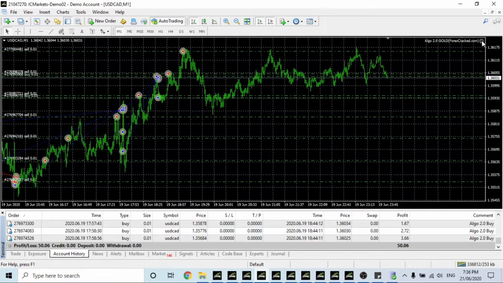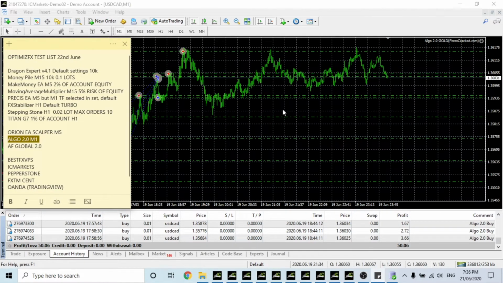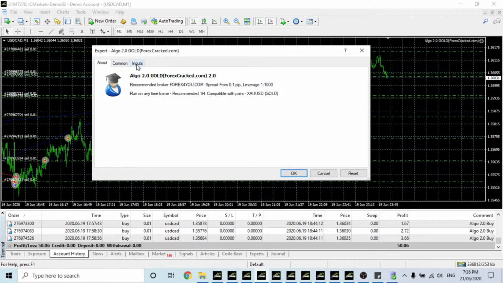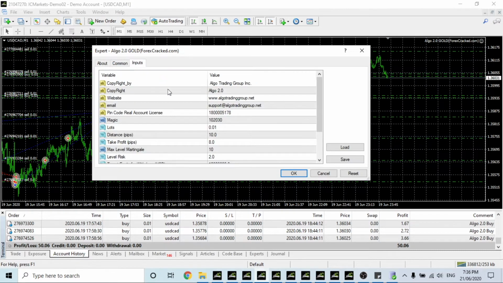A few friends and I have tried it on some major pairs and minor pairs. It works better with ranging pairs, Algo. So find a ranging pair, M1 time frame, and it works pretty well. The settings that I'm using are just M1, and everything else says recommended 1 hour.